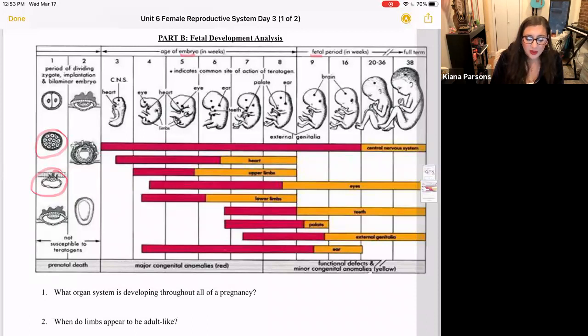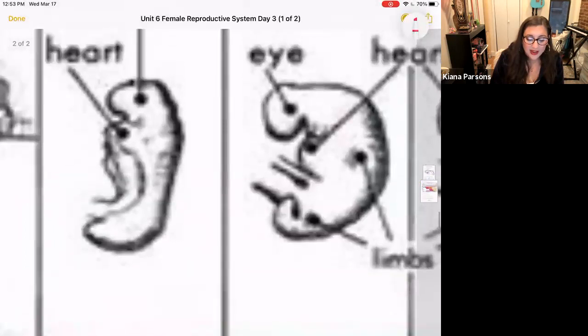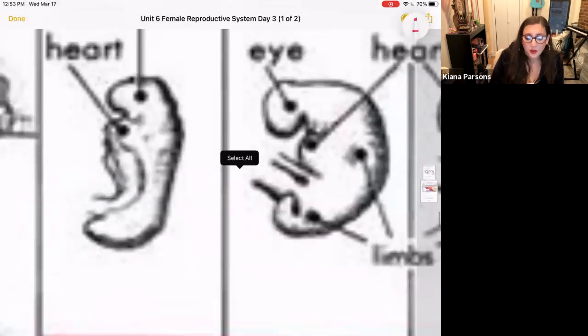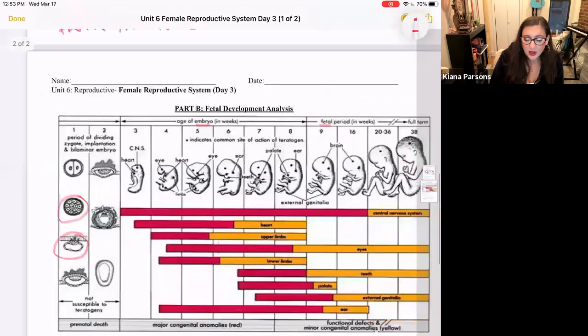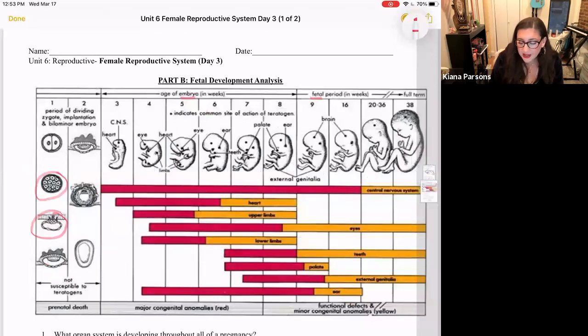By week 3 we have an embryo, but it looks like a fish. We don't get anything too human looking until about weeks 8 or 9, when it starts looking a little more human, but still kind of like some kind of alien.